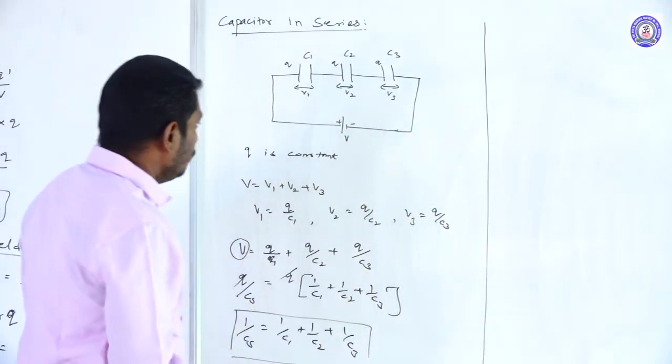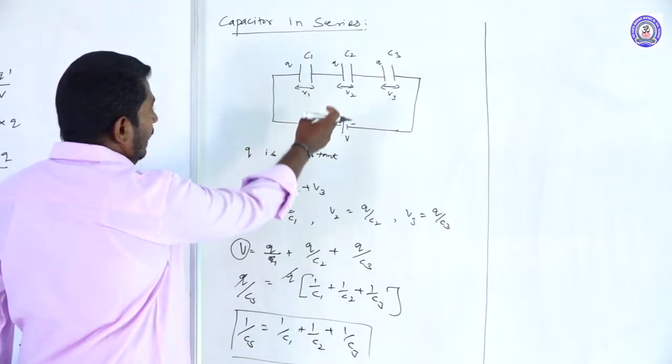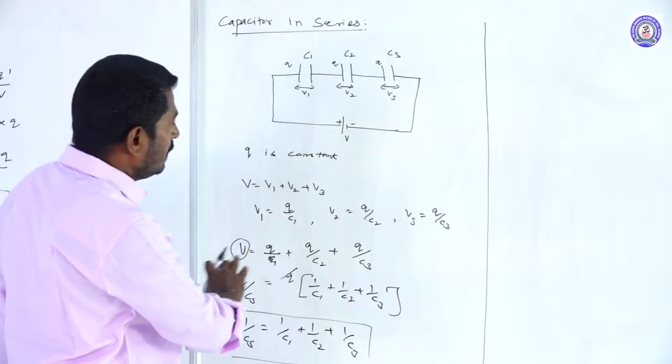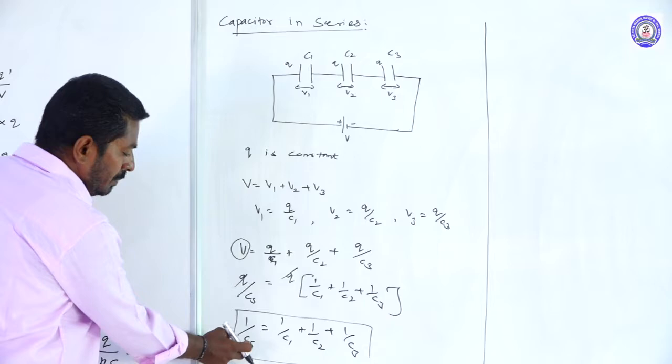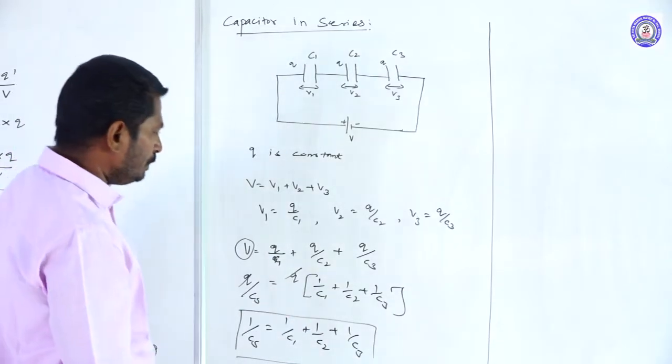Very important: if capacitors are connected in series, the charge on each capacitor remains constant, but the potential difference across each capacitor is different. So, the reciprocal of effective capacitance, 1 divided by CS, is equal to 1 by C1 plus 1 by C2 plus 1 by C3.